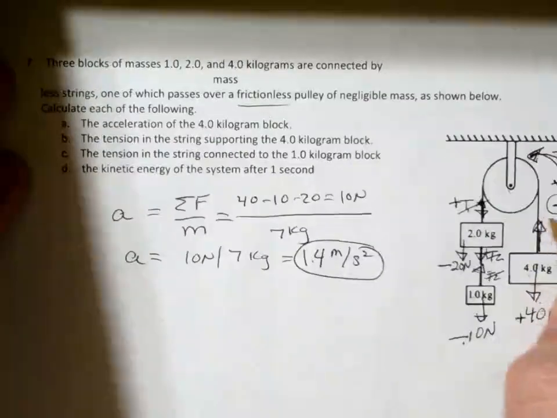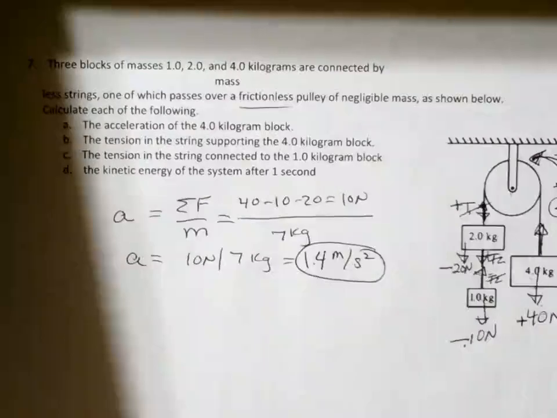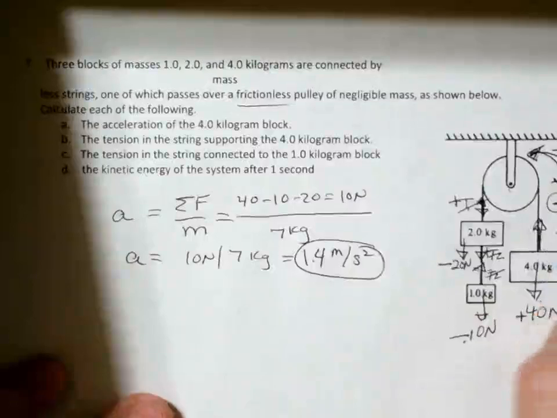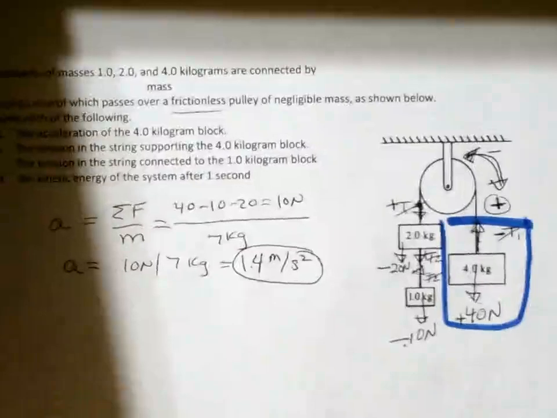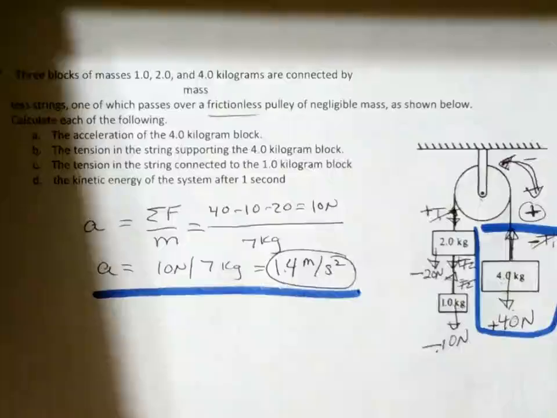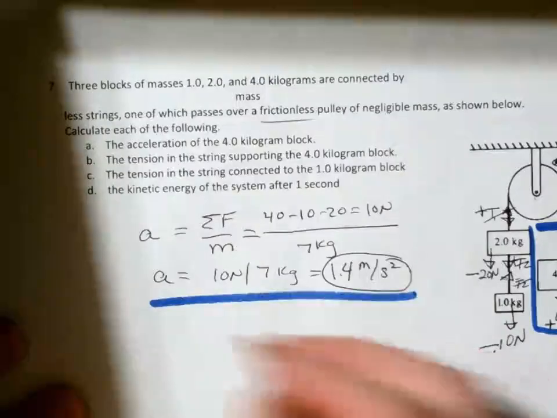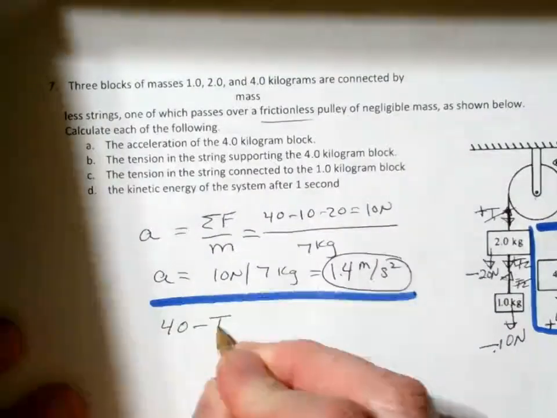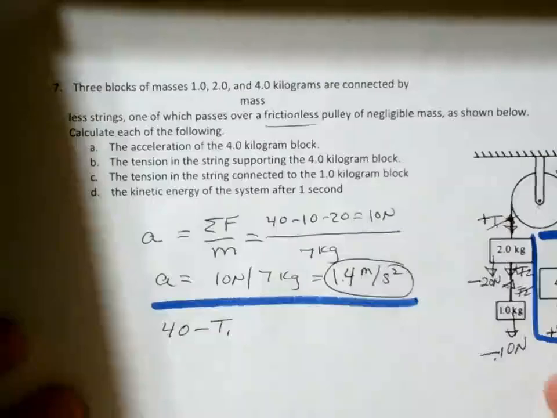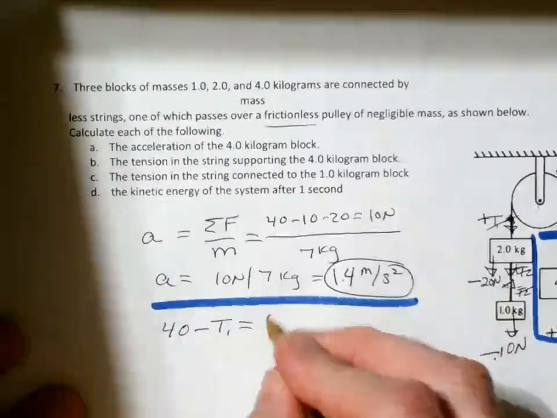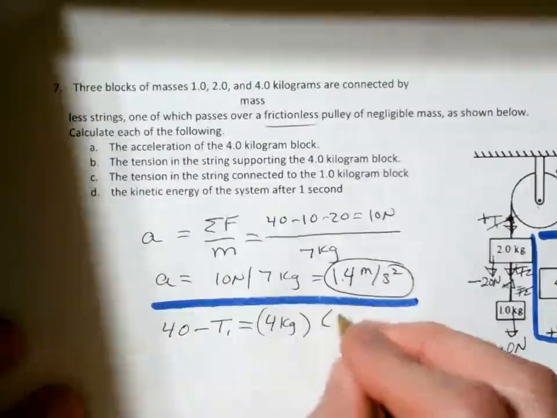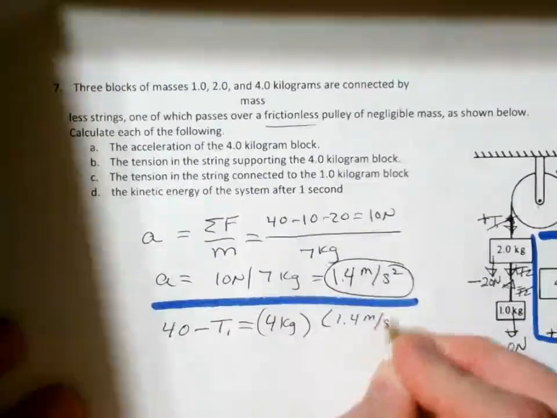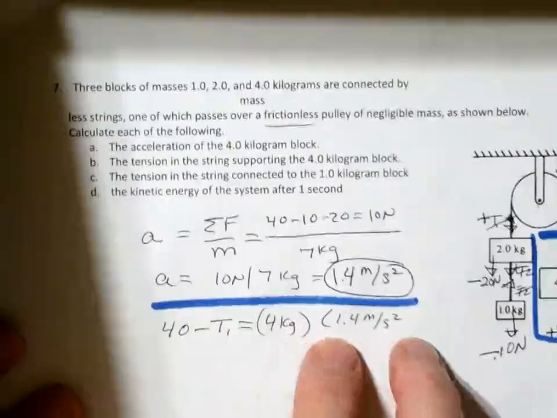All right, so now to find the tension in this string right here, we have to just look at this piece of the system by itself. If we look at that piece by itself, the net force is equal to 40 minus the tension, and that's equal to the mass, which is 4 kilograms, since we're just looking in the box, times the acceleration, which we just decided was 1.4, right, because net force is equal to mass times acceleration.